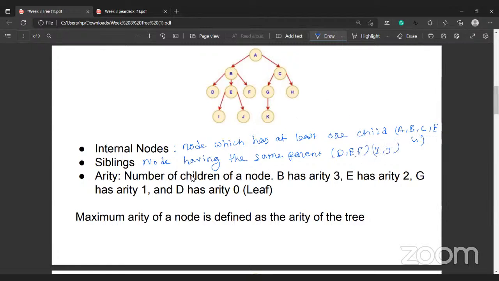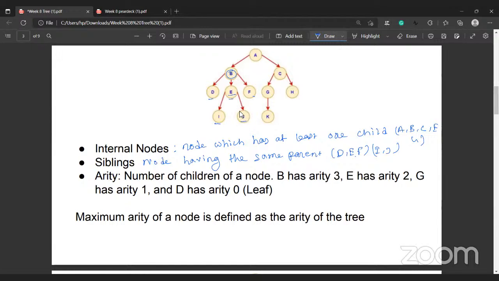Then arity of the tree. Arity is defined as the number of children of a node. Like B has arity 3. So B has number of children 3, right? 1, 2, 3. So B has arity 3. E has arity 2. So number of children is 2, right?